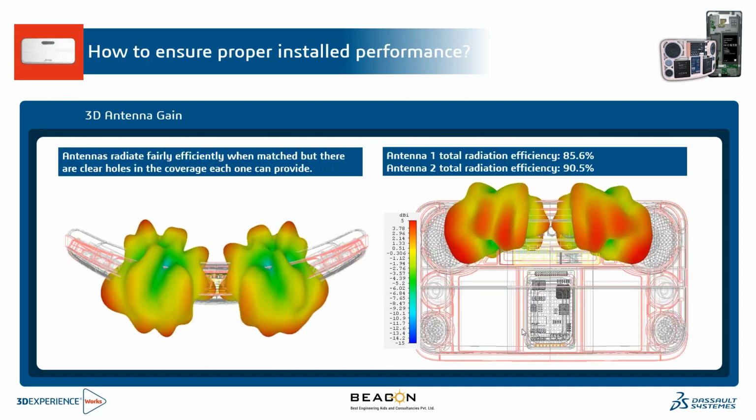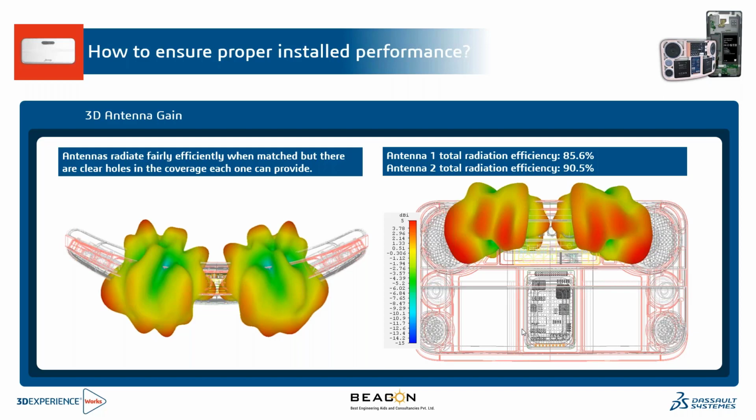And also we can view the gains of the antenna. So here the antenna will usually radiate in this gain pattern. We can see the 3D view to check whether there is any better coverage, or if we can improve the coverage of it. So here we can see there are clear holes in the coverage, and we can also calculate the total radiation efficiency of both the antennas.